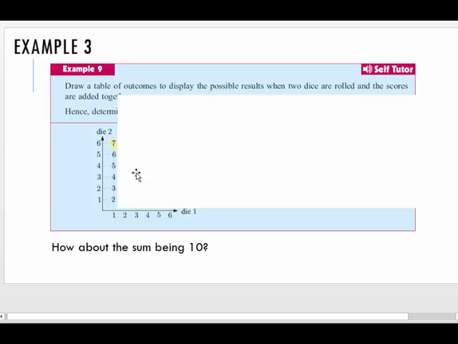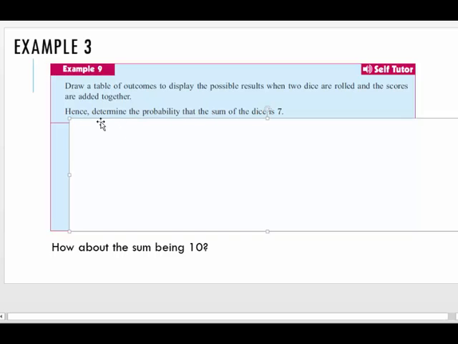Okay, so you can see that our question really is determine the probability that the sum of the dice is 7. Now, 7 on dice happens to be the one that's most common. And when you're playing a game of craps, you don't want to roll a 7. If you roll a 7, the board clears and you lose all your money. Okay? You do not want to get that.